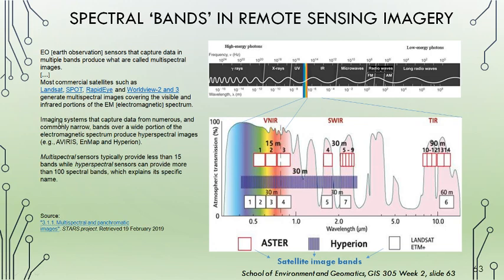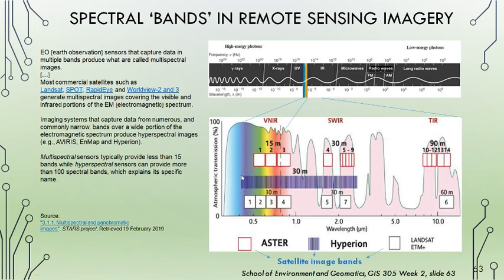Now, there are also imaging systems that capture data from numerous and commonly narrow bands over a wide portion of the electromagnetic spectrum, and they produce what we call hyperspectral images. So you've got an example here.